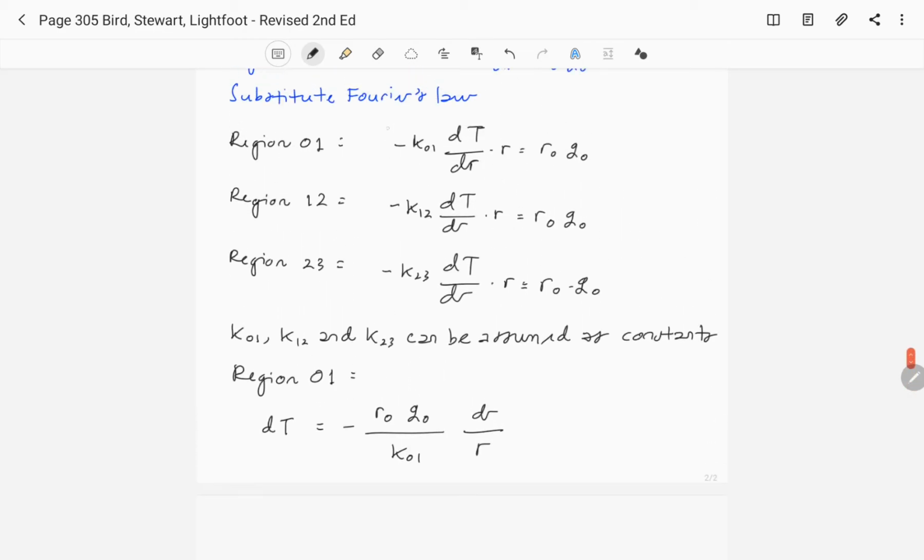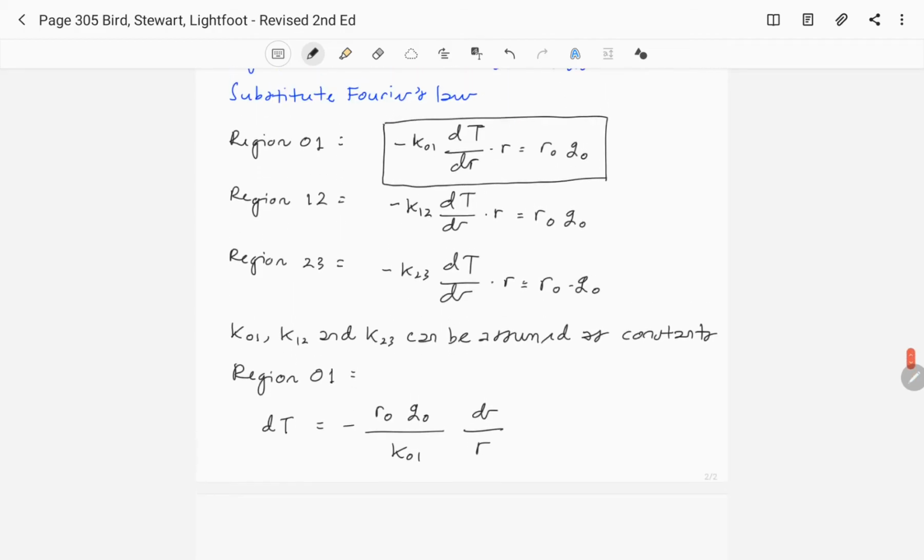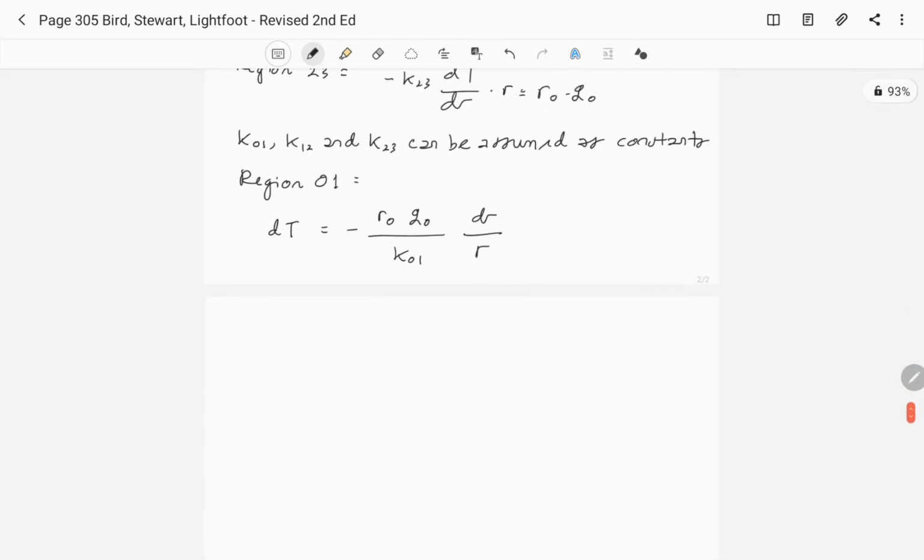So it's basically just a rearrangement of the terms in these equations in order to move the dT term to the left hand side.